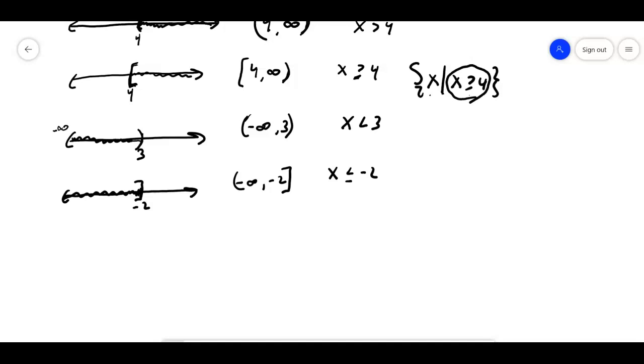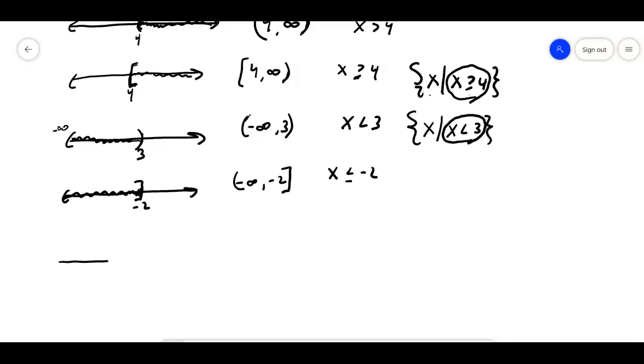This other stuff doesn't really do anything. Like this one, x such that x is less than 3. Again, all you really have to focus on when you see that is that right there. That's telling you everything you need to know.